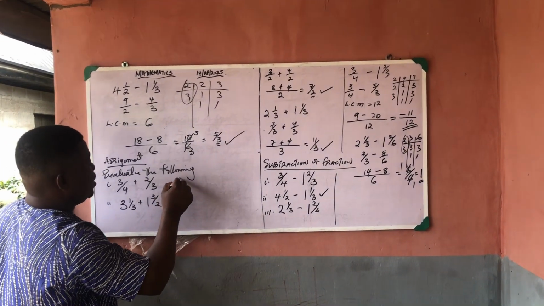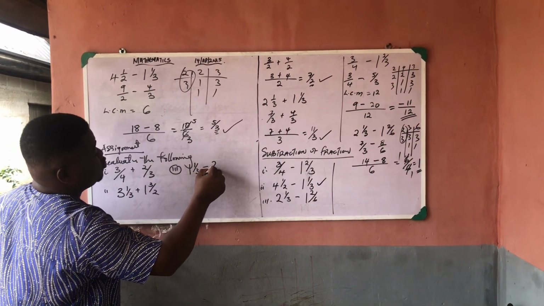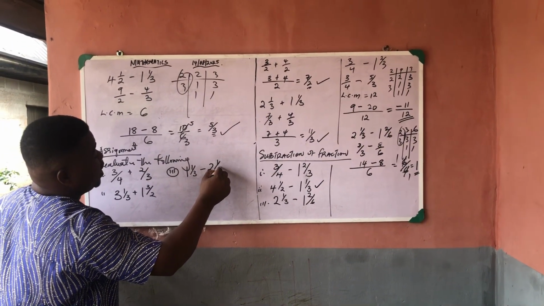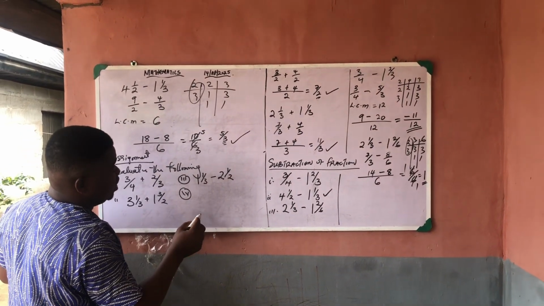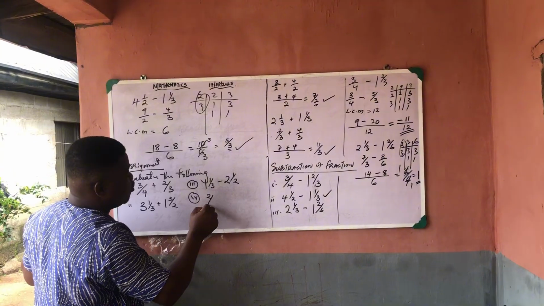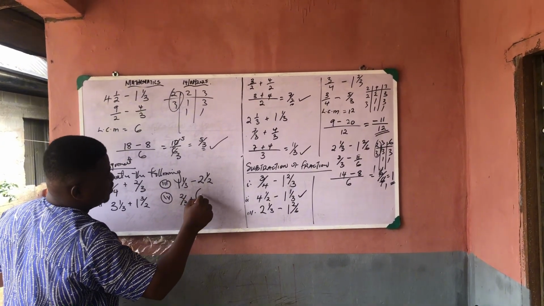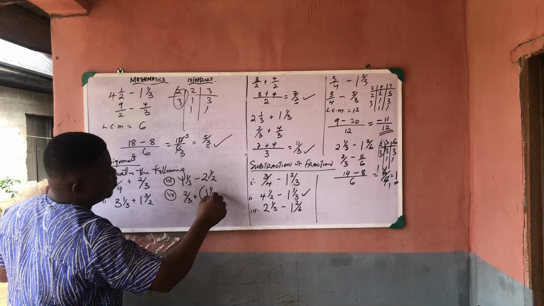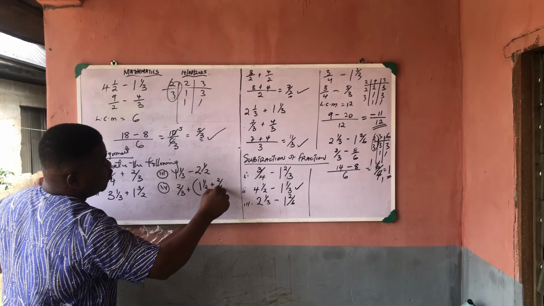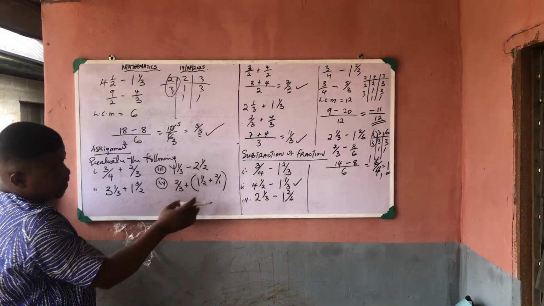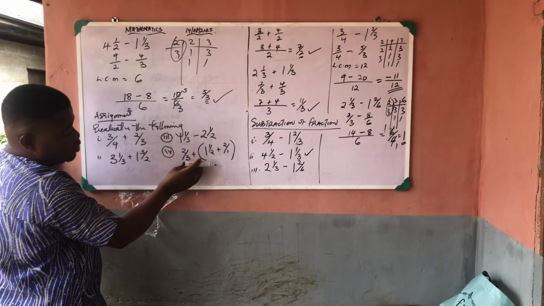Okay, number three, 1 whole number 1/3 minus 2 whole number 1/2. Okay, number four, let's say 2/3 plus, in brackets, 1 whole number 1/2 plus 2/1. So in this case now, you first of all solve the bracket.